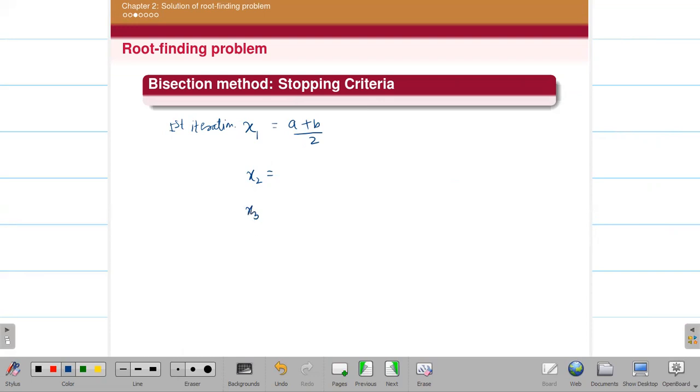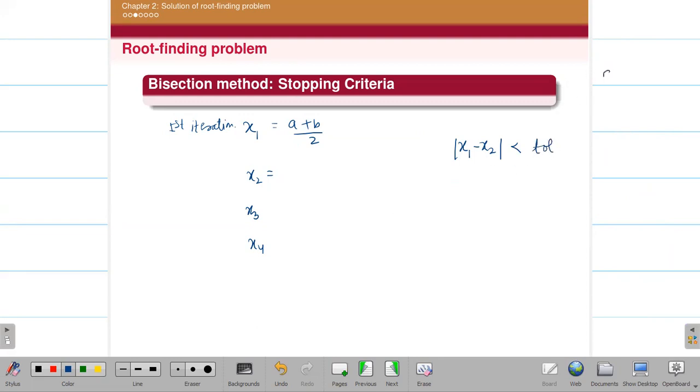Then I find x3, x4. After finding x1, the first iteration, you have to find the second iteration. Then after finding two iterations, you take the difference of these two iterations, then take the modulus.